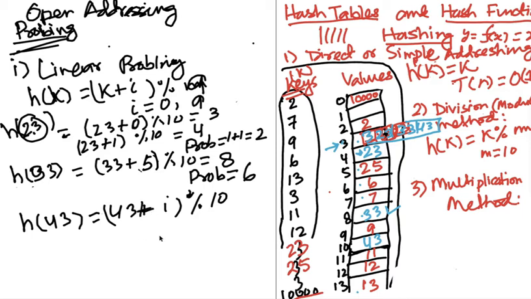Okay, so now we see that by using probing, we can use this unused space to fit our key value in the next unused space, right? So now the next one we are discussing is quadratic probing, right?